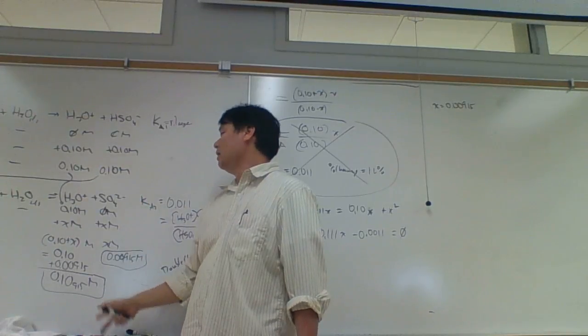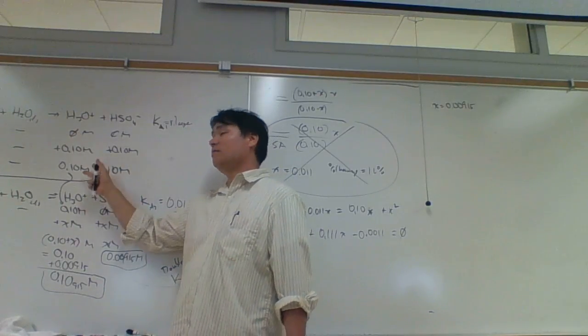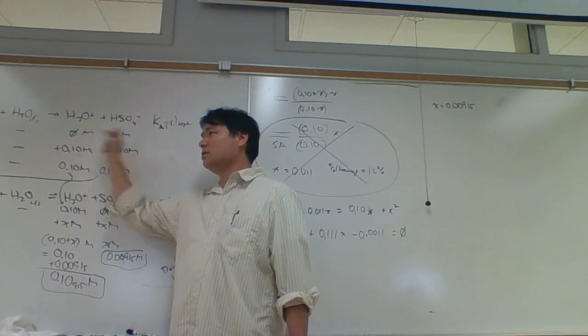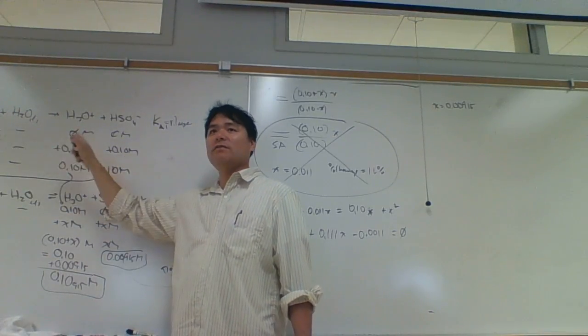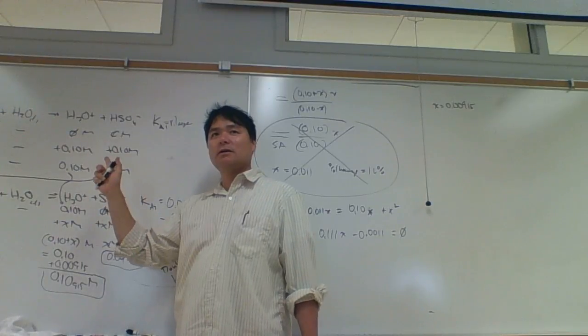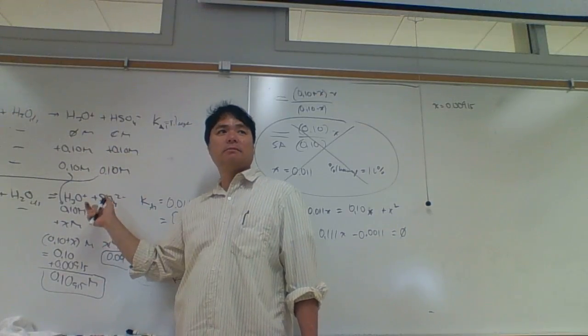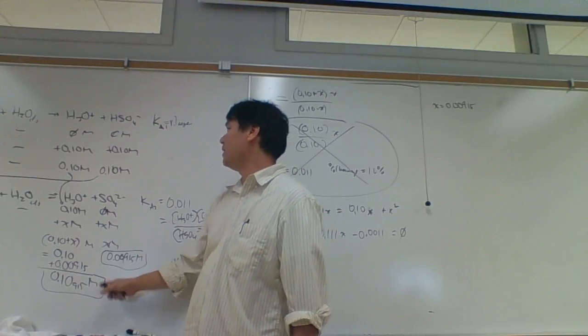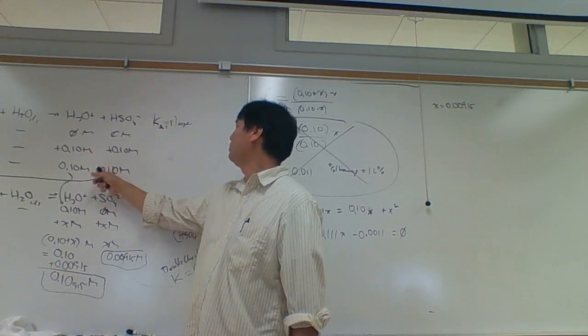In other words, did I perturb this by Le Chatelier's principle? If I increase the product concentration, this one should shift left and I'm in an endless loop. Is that the case for this problem? No. We're safe here because this is a one-way reaction.